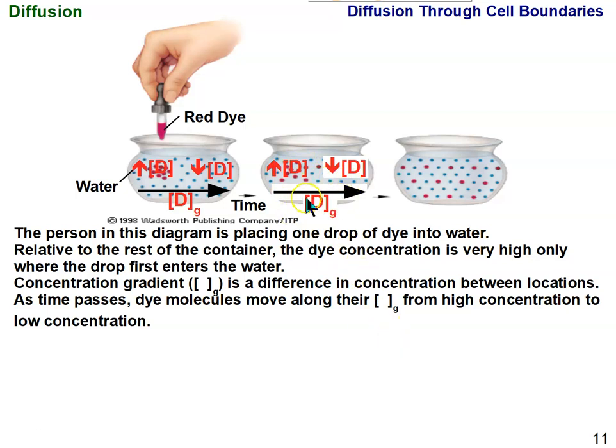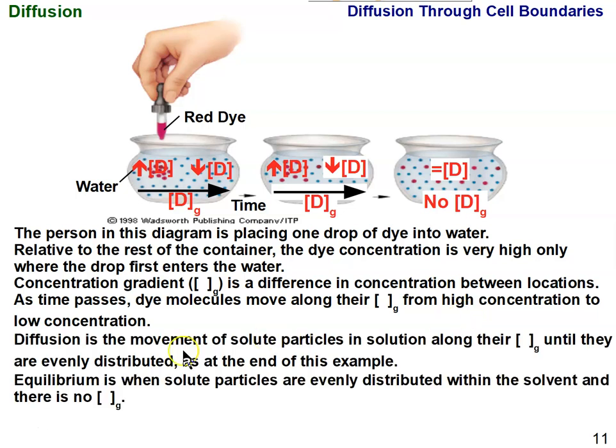So there's still a concentration gradient here of dye molecules. And then finally, we get to the end here, when enough time has passed so that the molecules of dye have evenly distributed themselves within the container. So there's equal concentration throughout. There's no concentration gradient, and we refer to that as equilibrium.